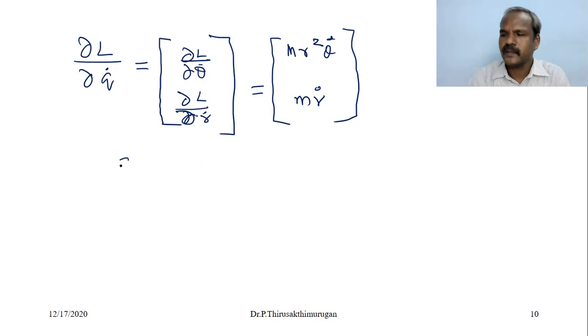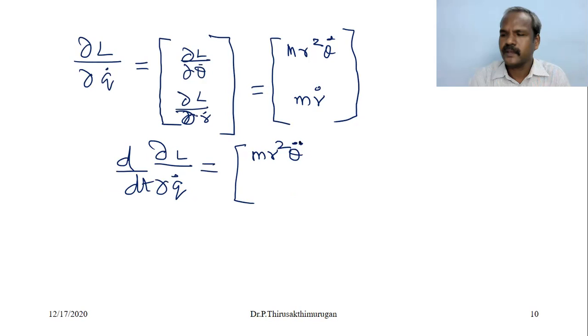Next, d by dt of dou L by dou Q dot. Differentiating with respect to t, we get m r squared theta double dot plus 2 m r r dot theta dot. Similarly, here m r double dot.